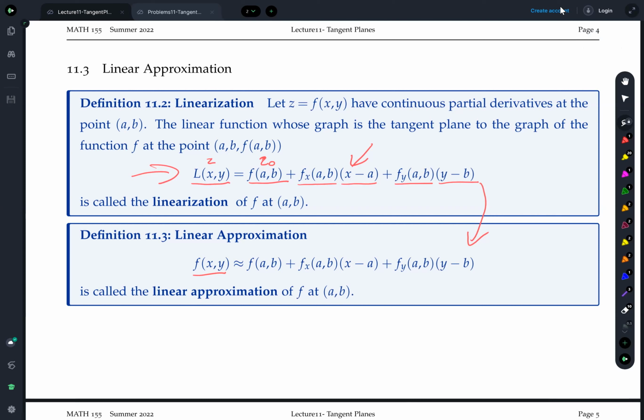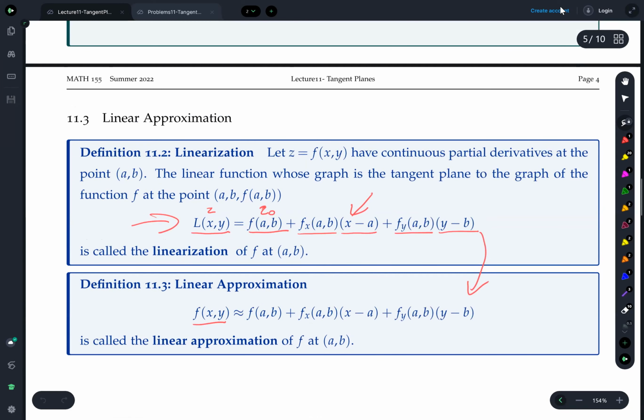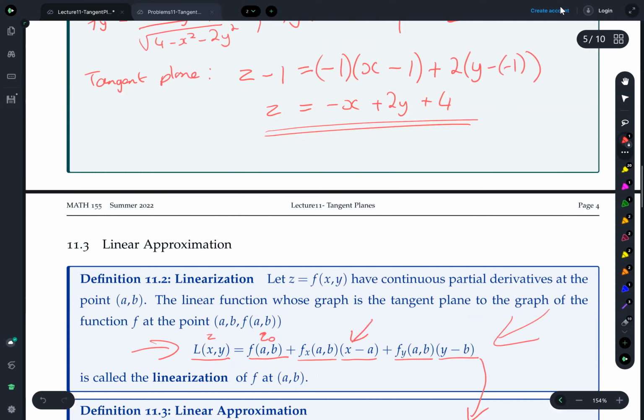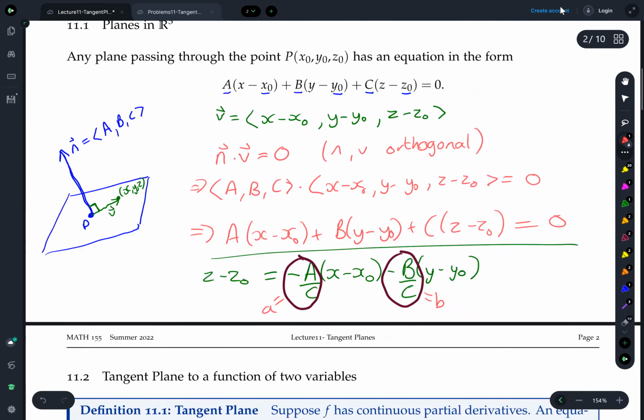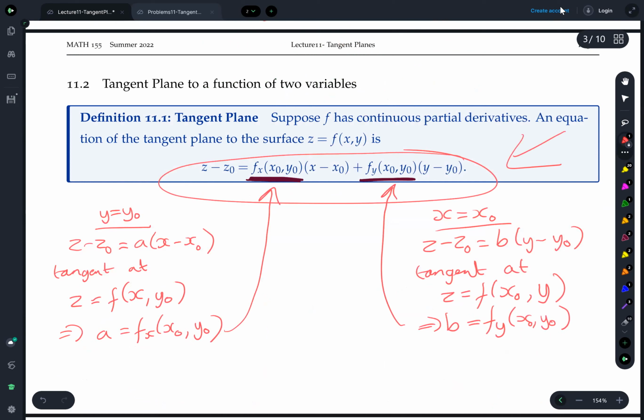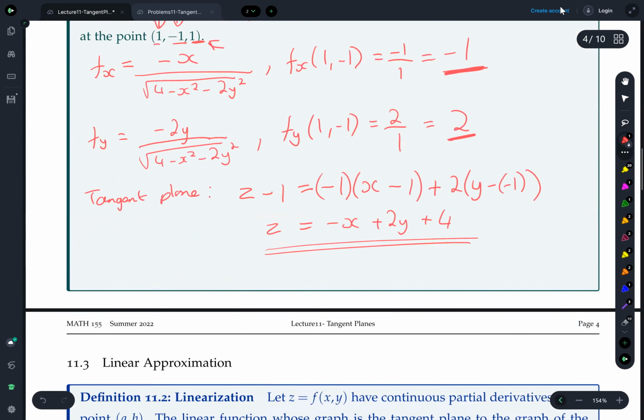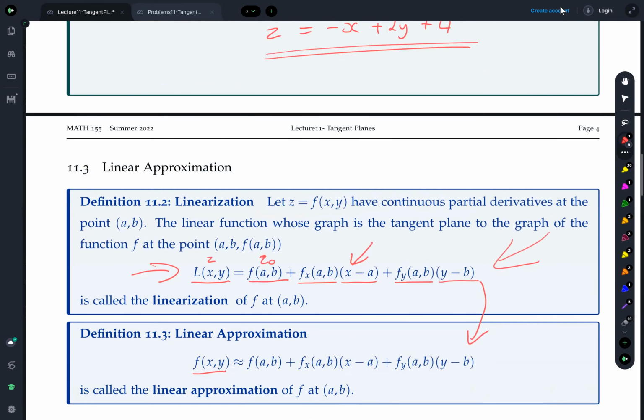We add to this the partial derivative of our function in the x direction, evaluated at AB, times x minus A, and then do exactly the same in the y direction. This equation is all it is, taking exactly what we had here and evaluating it at some particular point, AB.